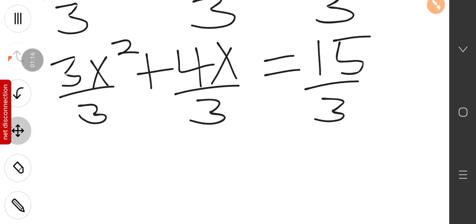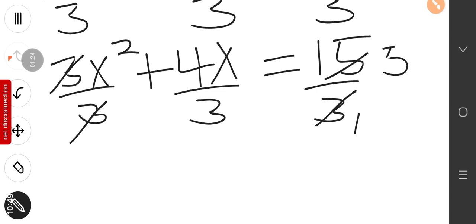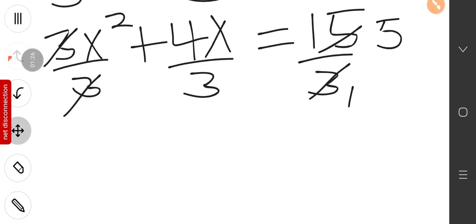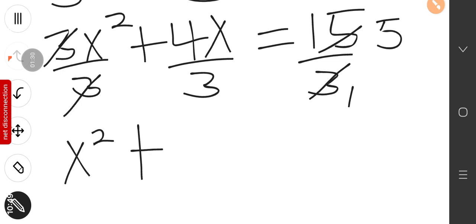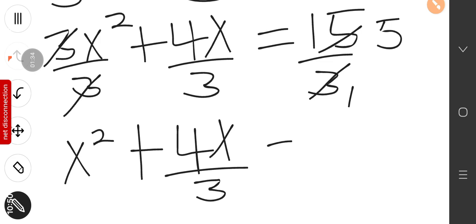All right, now let's do our cancellation. 3 cancels 3, and 3 cancels itself, 1 goes here, 5. So our equation becomes x squared plus 4x over 3 equals 5 over 1.